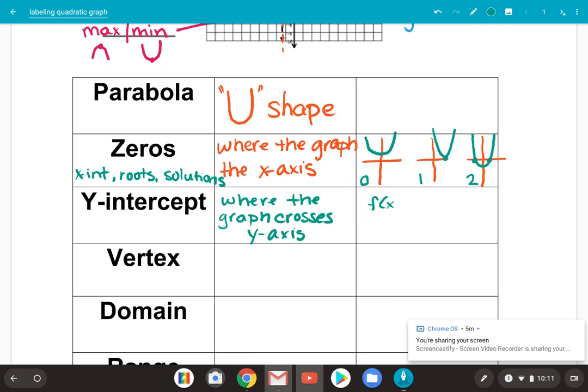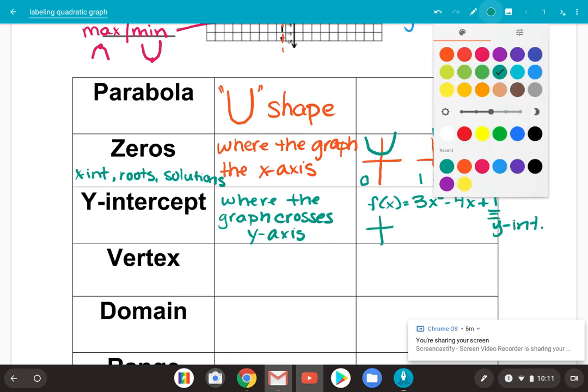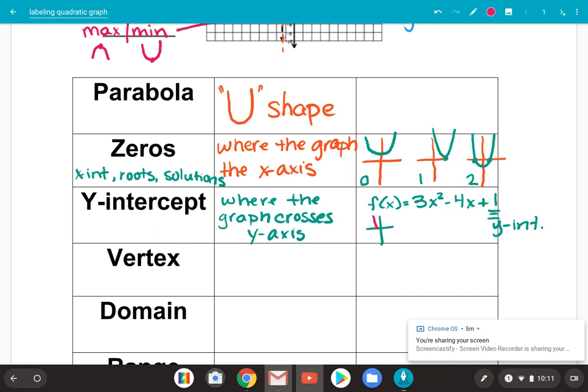So if I had this one, that is going to be my y-intercept. But if we're just talking about a graph, it's just where it crosses the y-axis. That's it.